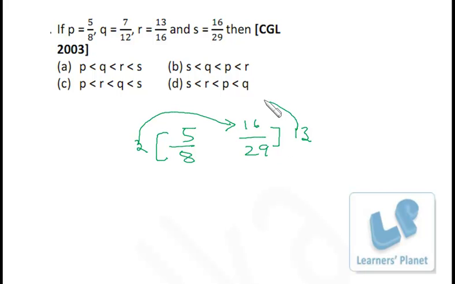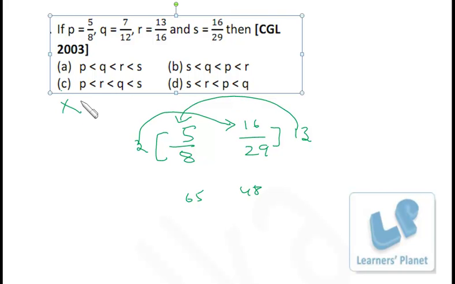So here 13 into 5 is 65 and here 3 into 16 is 48, right? So 5 by 8 is bigger, that means P is bigger than S. So we eliminate these two options, where S is biggest or P is smallest. So these two are wrong.